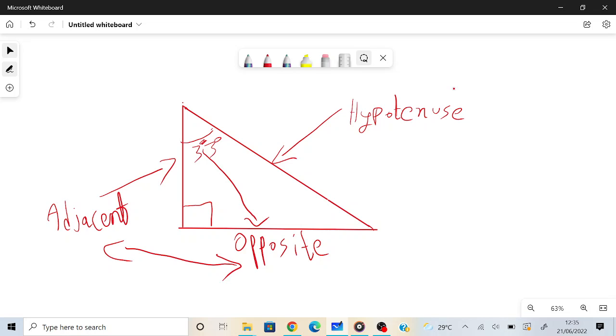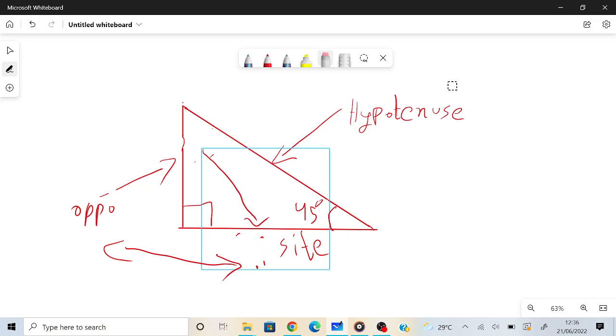For example, if this angle here was given as maybe 45 degrees and the angle over here was not given at all, it was left blank, then your opposite would be over here. This would have been your opposite. Similarly, if that would have been your opposite, then this would have been your adjacent.